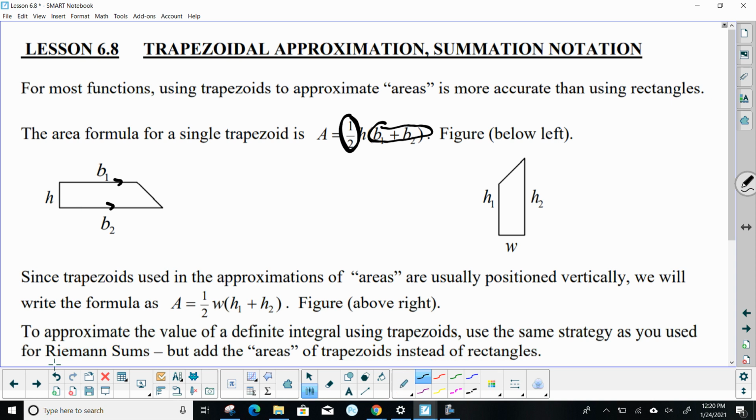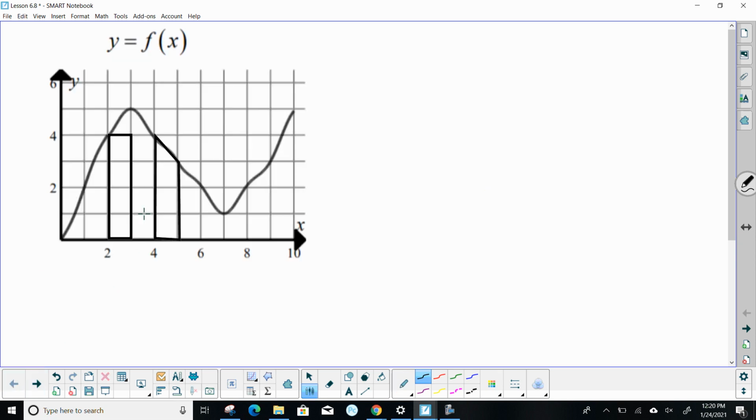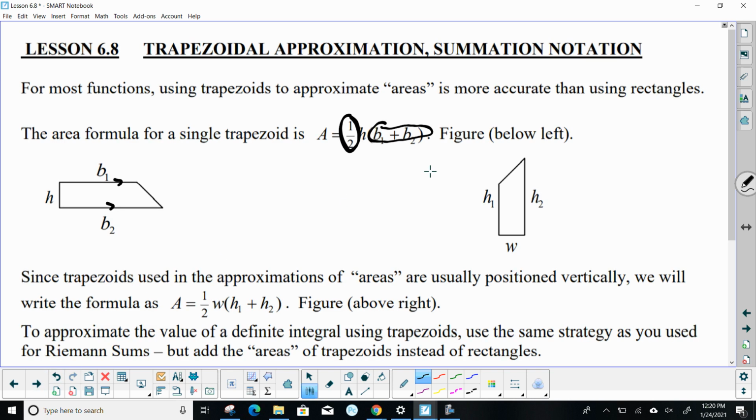Now, if you go back and think about this trapezoid we just drew to approximate it, this trapezoid is flipped around. So now my one base is on that side, the other base is on this side, and the height would actually be this distance right there. So if I flip it around like this, instead of calling it the height, we're going to refer to it as the width, because you're thinking on the x-axis how wide it is.